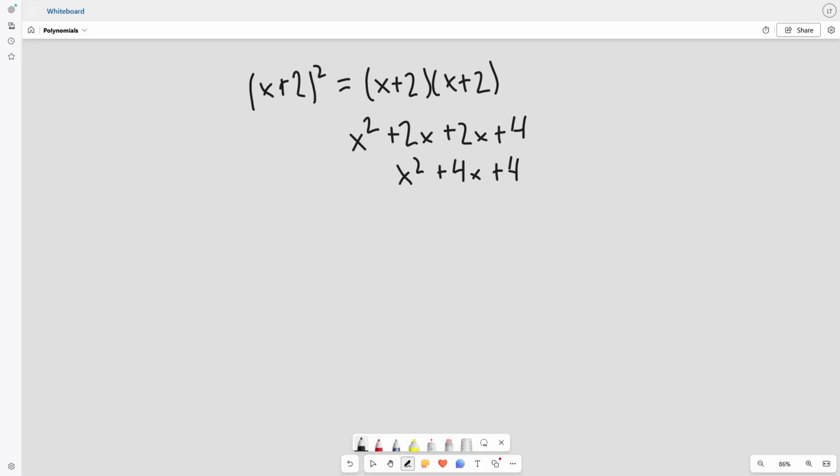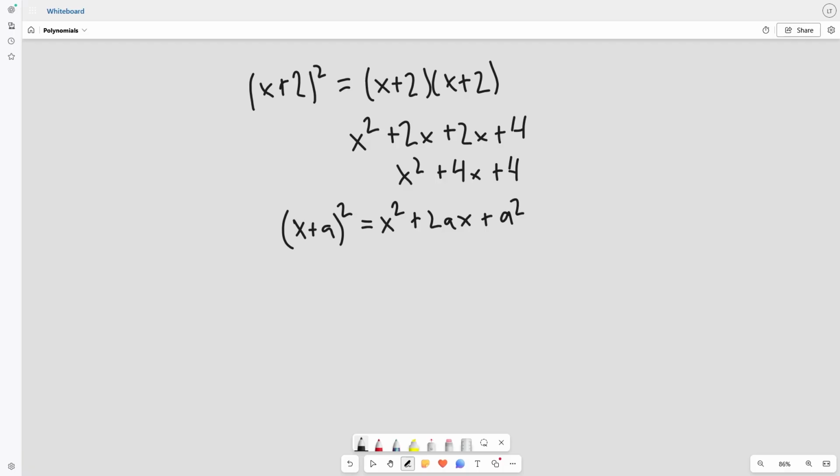And you'll notice here that it starts to take a particular form. So say we have something like x plus a squared. The format this would take is x squared plus 2ax plus a squared. So what does this mean with the original problem we have?